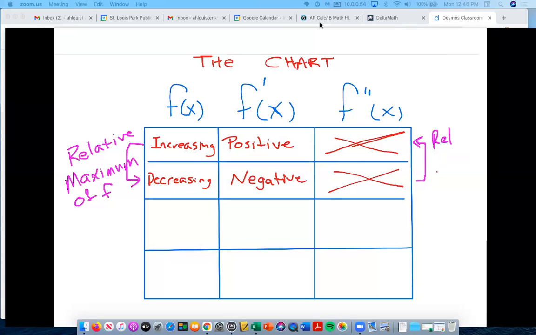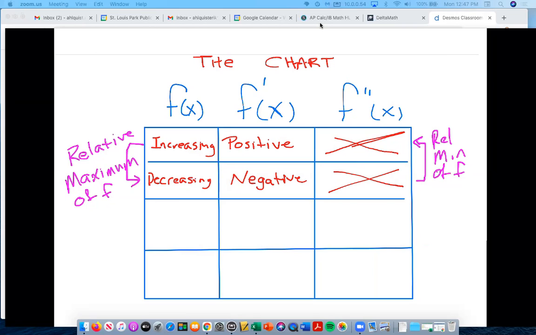This one would be a relative minimum of F. Because think about going from that second line to the first line. You're going from a decreasing graph of F to an increasing graph of F. And the derivative graph would be going from negative values, which are values below the x-axis, to positive values or values above the x-axis.